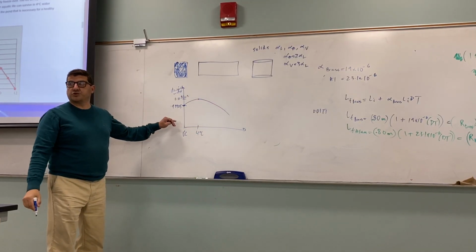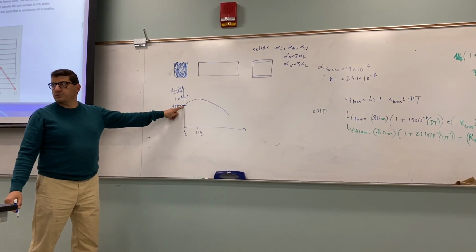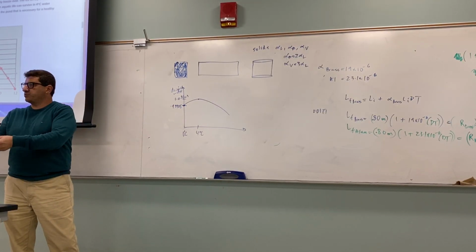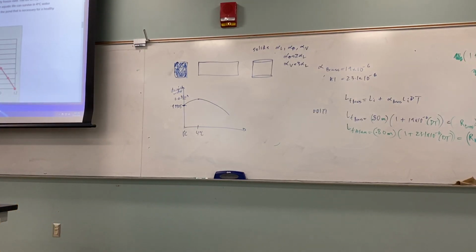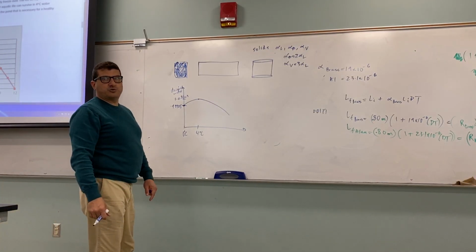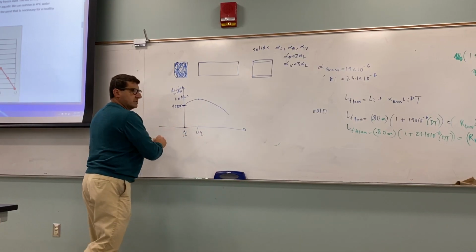How about if we freeze it to ice? What happens when you go from liquid water to ice? When you put a bunch of water in a tray to make ice, what happens to the volume? Expands, right? So then what would that tend to do to the density? Decrease it.